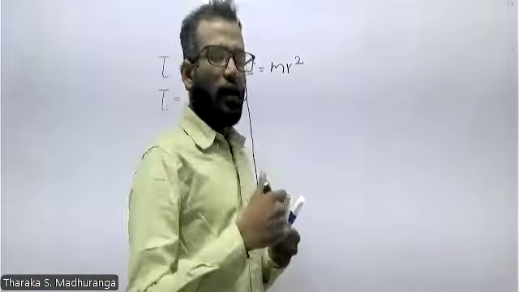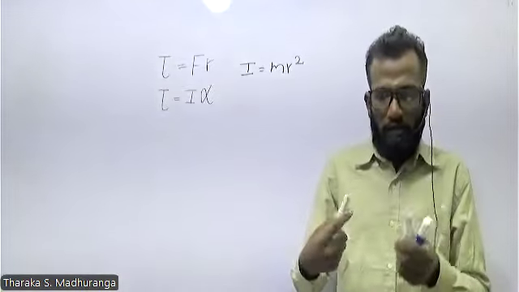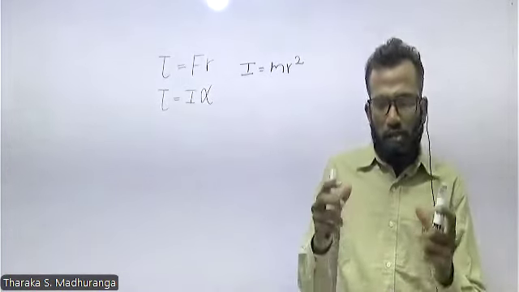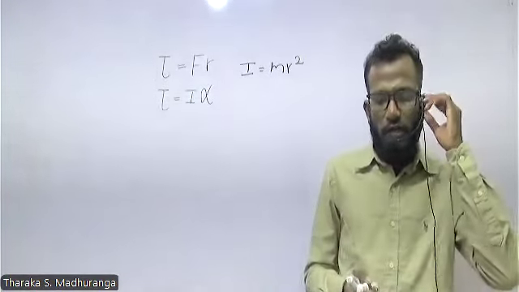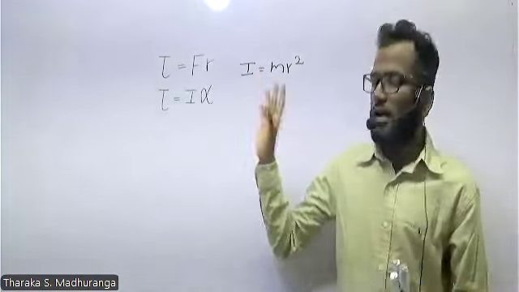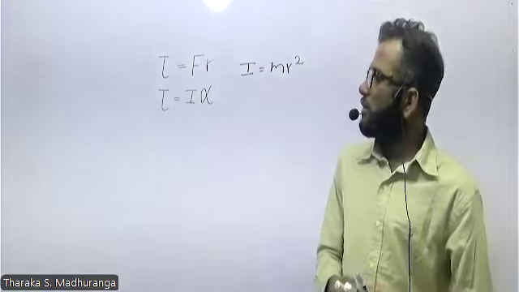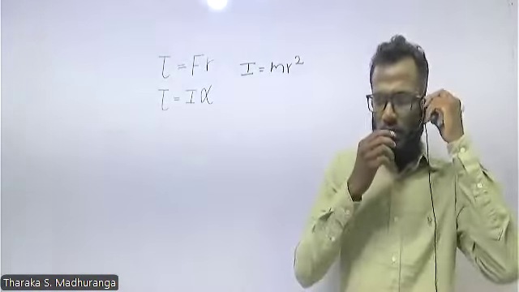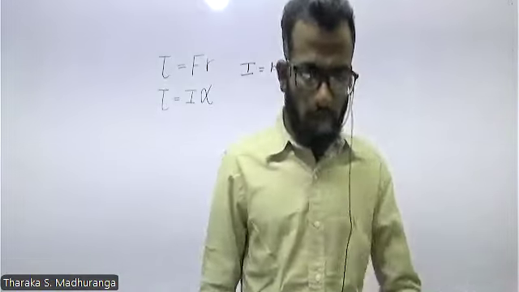According to the shape there are different types. I think I gave more than 7 equations, because according to the shape of the object the moment of inertia equation changes. Then using this relationship we did different questions last day. I think you all did that part.